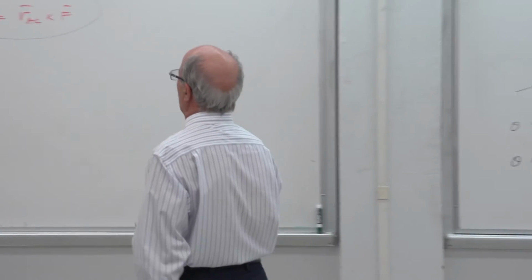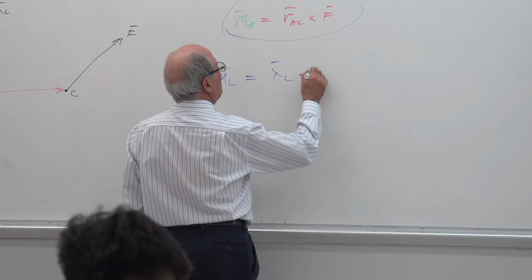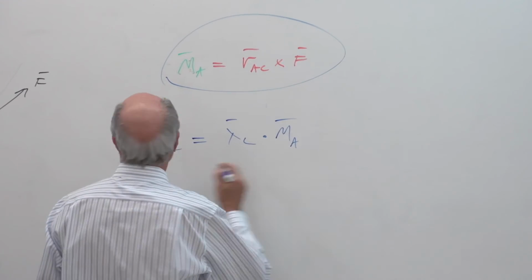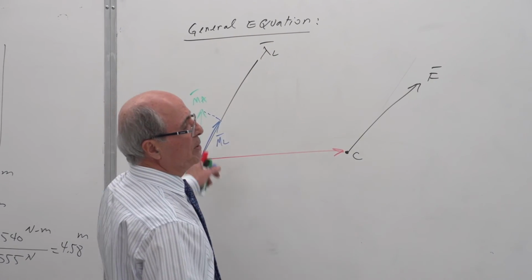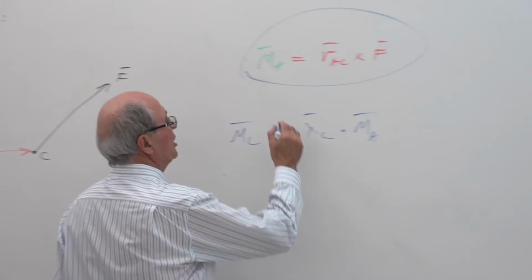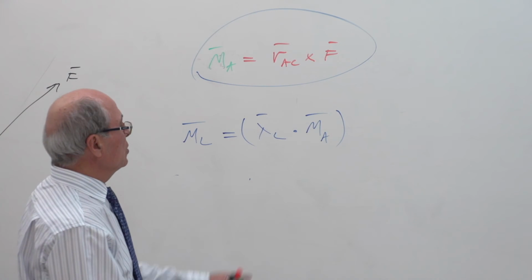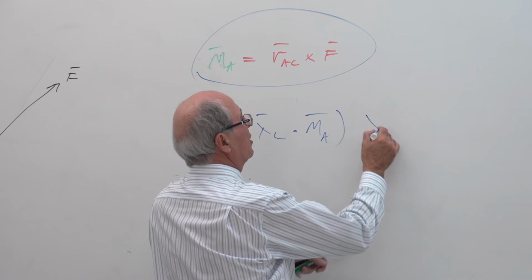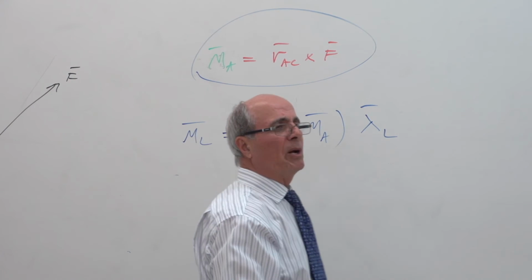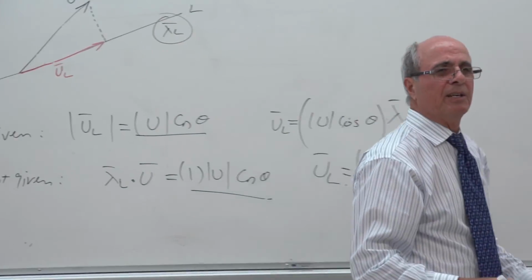Therefore, it becomes equal to lambda L dot product of MA, with A being any point here. We can again prove that any point will do. It doesn't have to be a very specific point. The dot product of two vectors is a magnitude, and if I want it as a vector, I have once again to multiply it by lambda L, because this was its magnitude, and that is its direction.